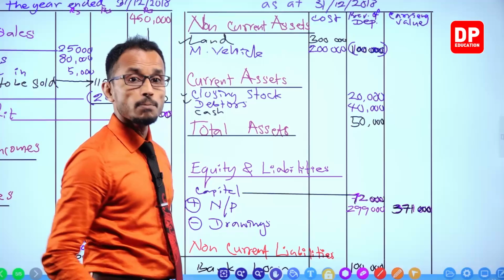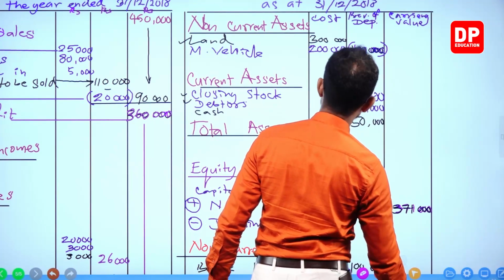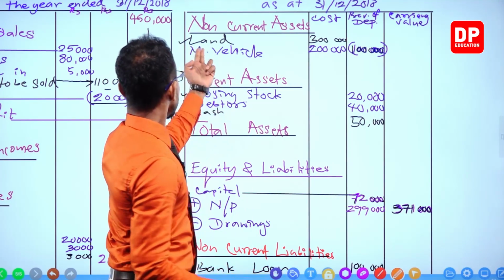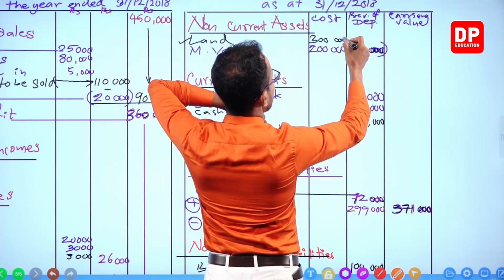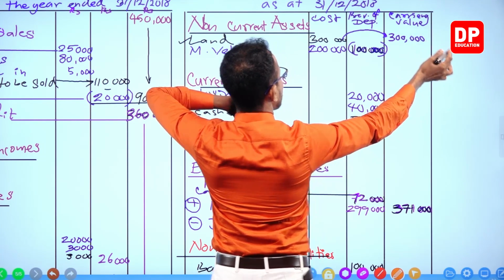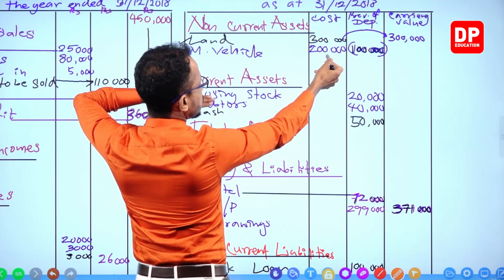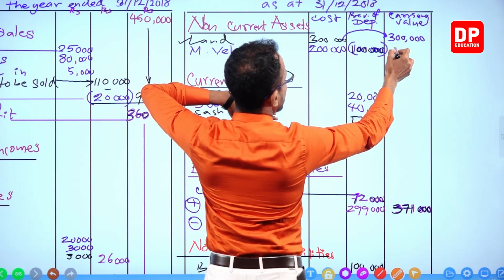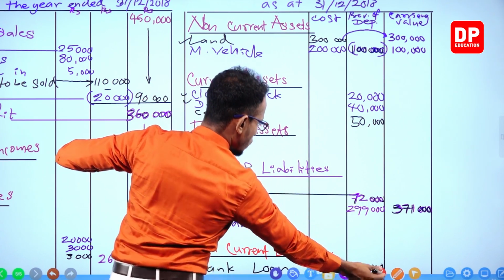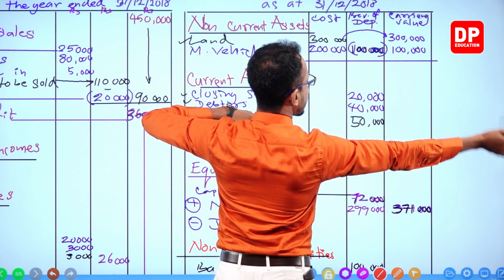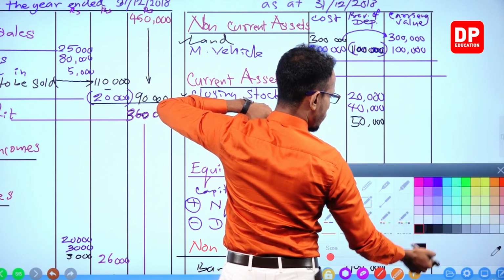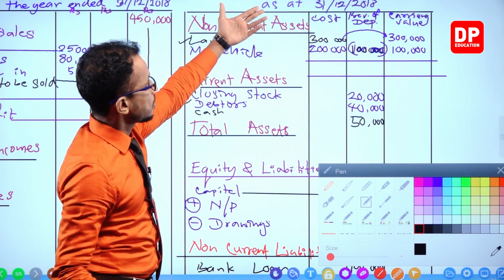Now from the top of the SOFP, take land to the carrying value column because you don't have any depreciation of land. Take the 300,000 to the carrying value, and motor vehicles 200,000 minus 100,000 is remaining. Take the total of the columns, non-current assets.